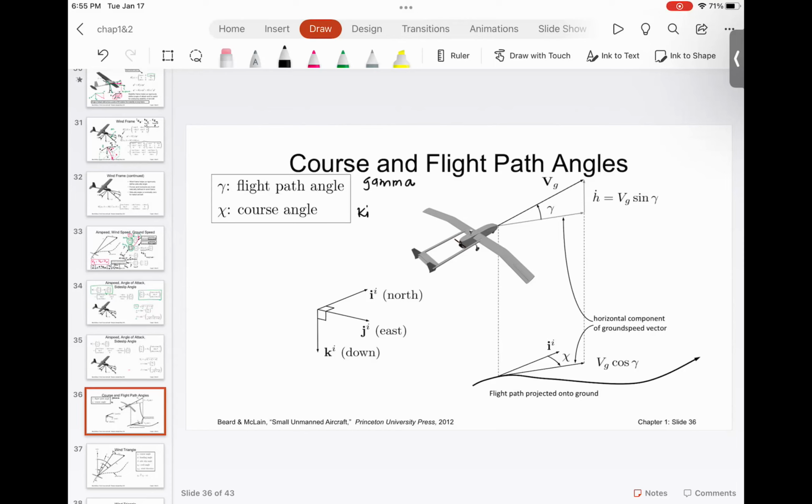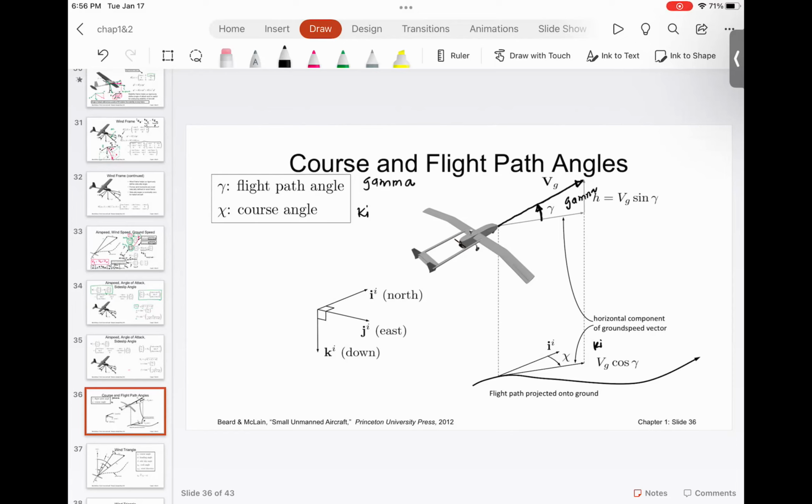If you look at the ground speed of the aircraft, Vg, and take the projection of the ground speed onto the flat earth, the first angle that is made by that aircraft is called gamma. And if you look from the top, the angle that is made by the Vg is called chi. So this is gamma and this is chi. These are the two aircraft angles that are defined.